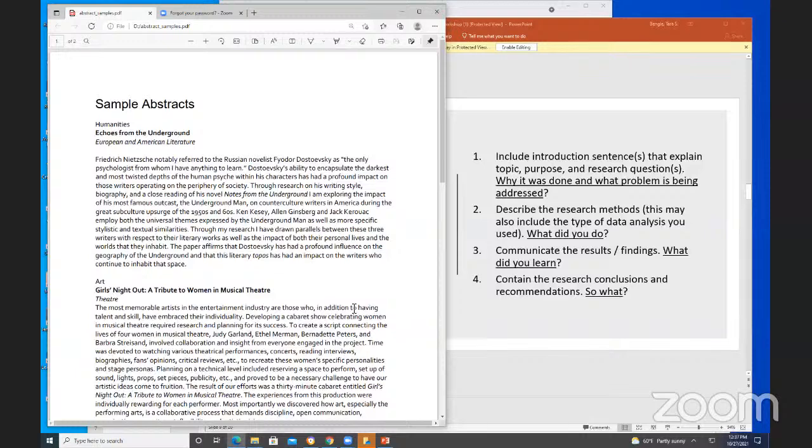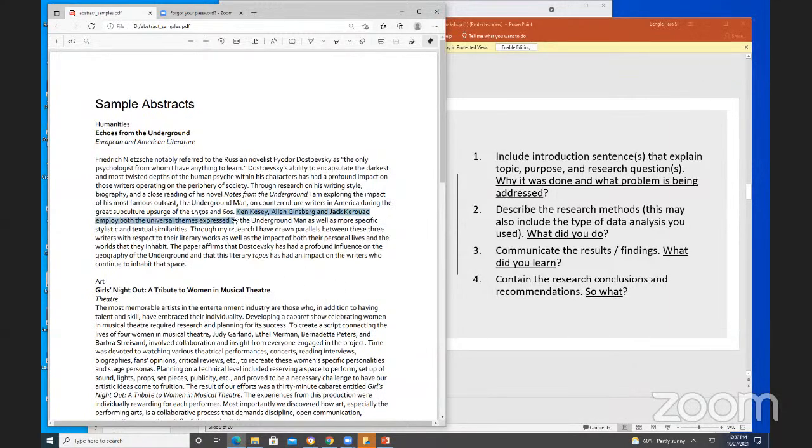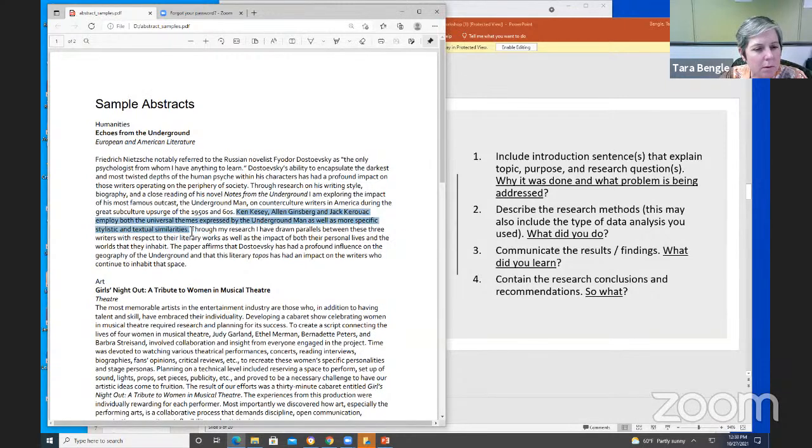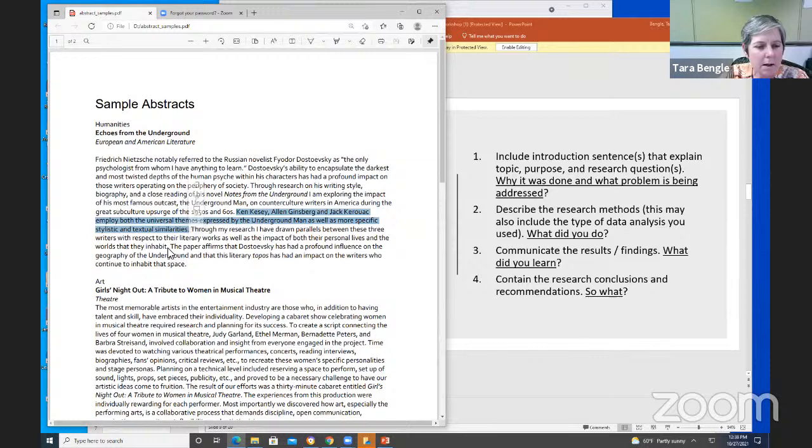That section where he talks about Ken, Ellen, and Jack. I believe it was the 4th sentence. It's mostly the ending of the 4th sentence. There we go. Right here. Yeah. And then the so what?